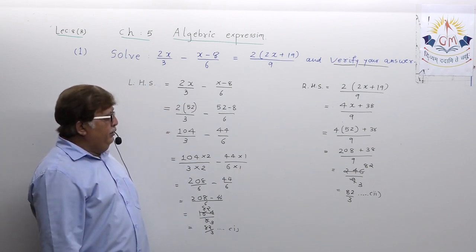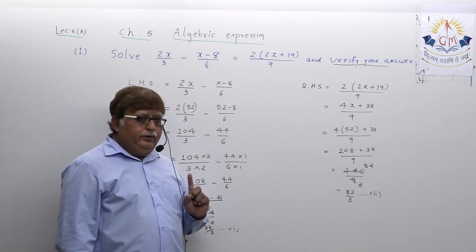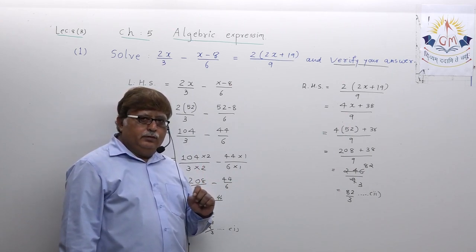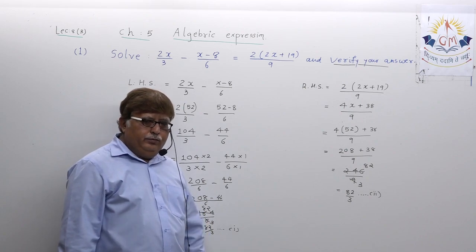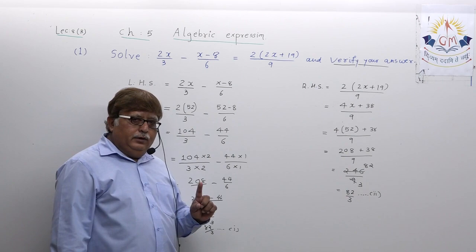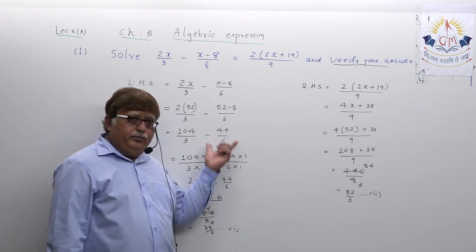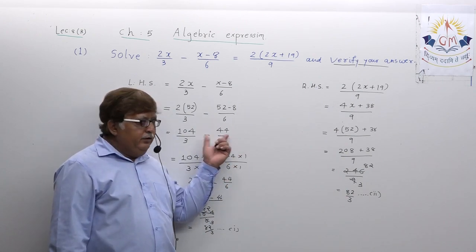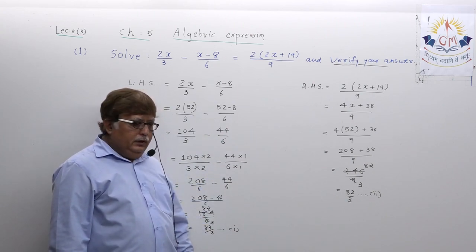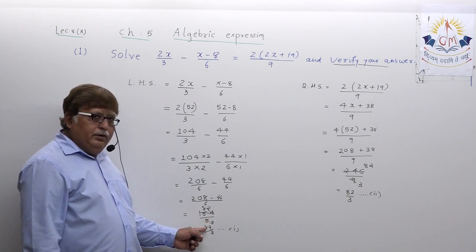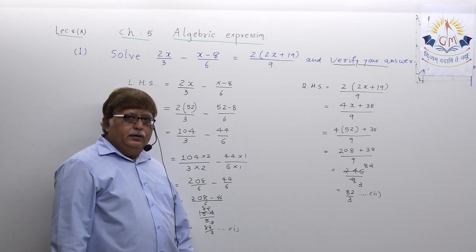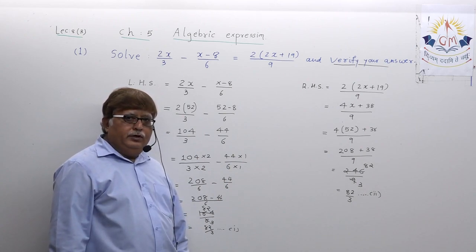You see, my dear student, we got x equal to 52. We replaced x equal to 52 on LHS and on RHS, and we got 82 upon 3 in LHS, 82 upon 3 in RHS.